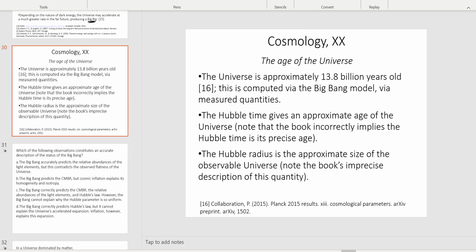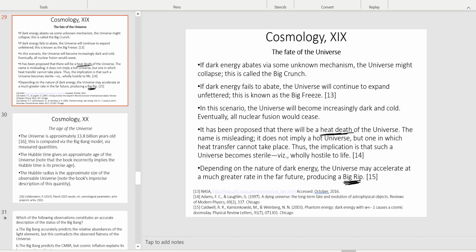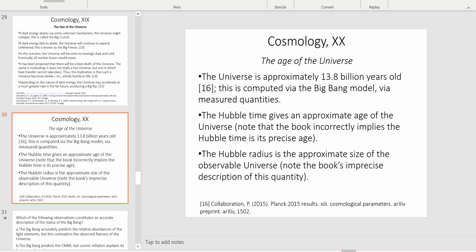I want to talk about the age of the universe. I've mentioned what this age is without going into too much detail, but we can use our models of cosmology, the Big Bang Theory, which means we're using general relativity and thermodynamics, to compute the age of the universe, and we get about 13.8 billion years.